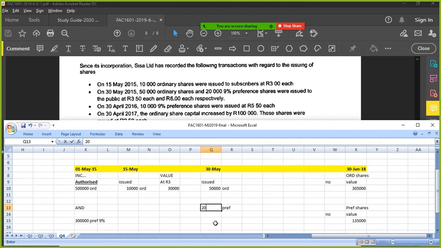We've got 20,000 pref shares issued to the public, 3 Rand 50 for ordinary, 6 Rand for the pref. What else? Some more dates. More space.